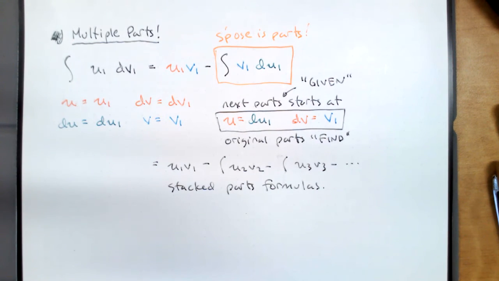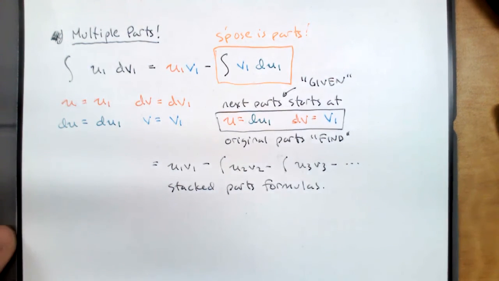So we end up with these stacked parts formulas. And it's all just going to be u times v minus a u times v minus a u times v minus a u times v. And here is where all of our terms are going to show up.